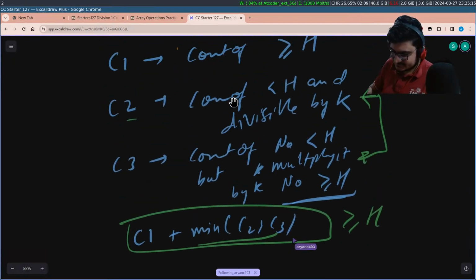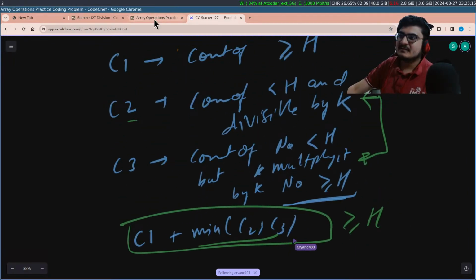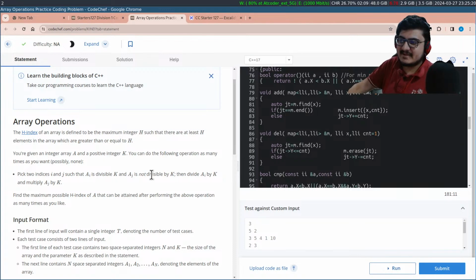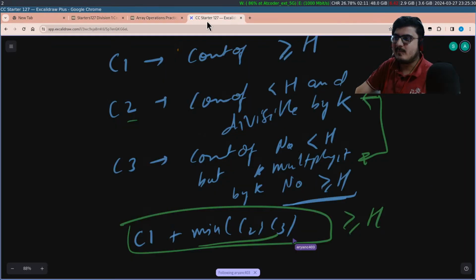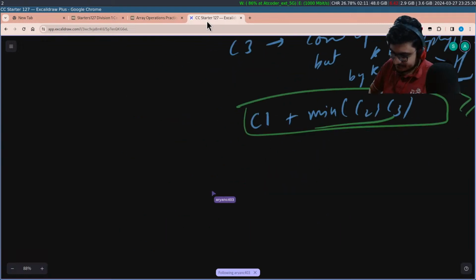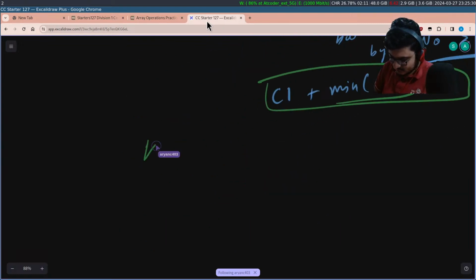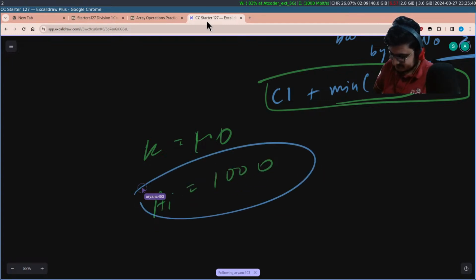The main reason is that aj should not be divisible by k, but ai can be divisible by k multiple times. So it is possible to pick ai multiple times. For example, let's say k equals 10, and if ai is 1000, then we can pick it 3 times.